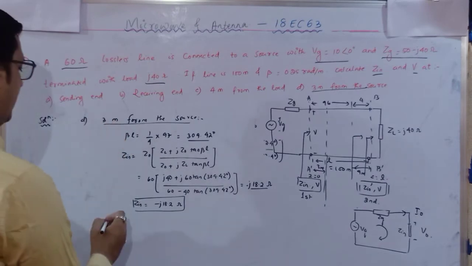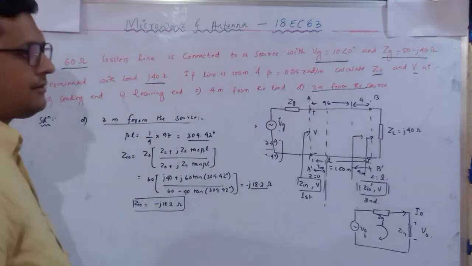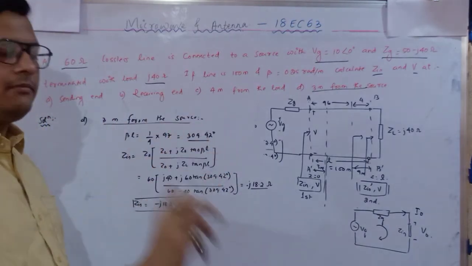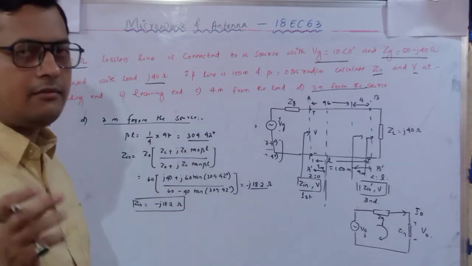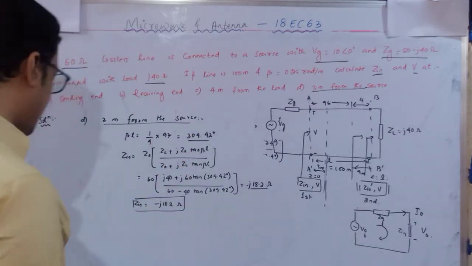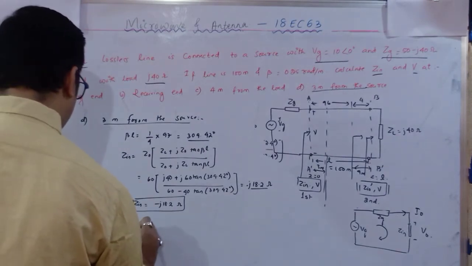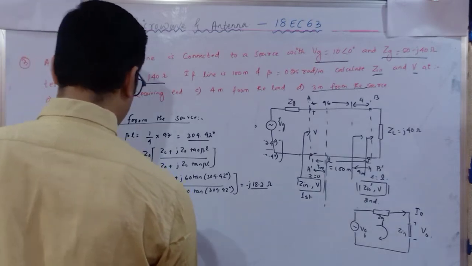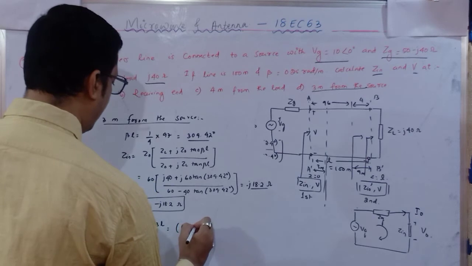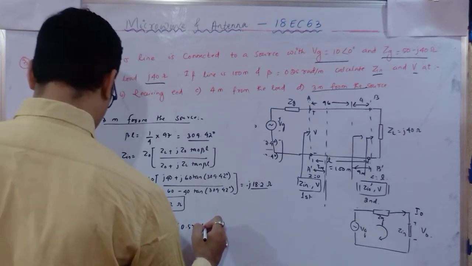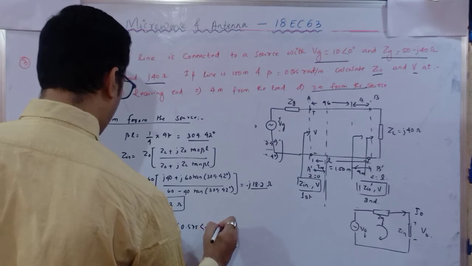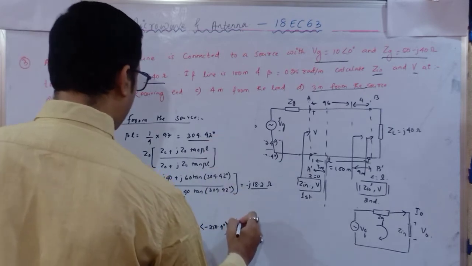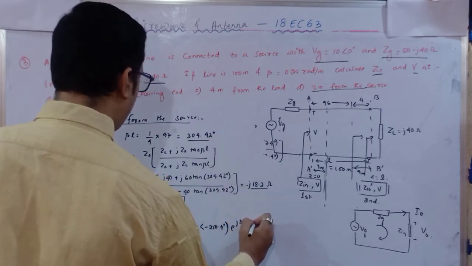Similarly, next we have to calculate the potential for a distance of 97. As we calculated the distance at the sending end for 100 meters, similarly in place of 100 meters we have to substitute 97 meters. So V is equal to VL e^(jβL). VL we have already determined, 0.575 angle minus 250.4 degree, e^(jβL) is 309.42 degree.